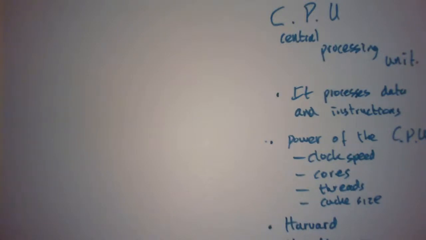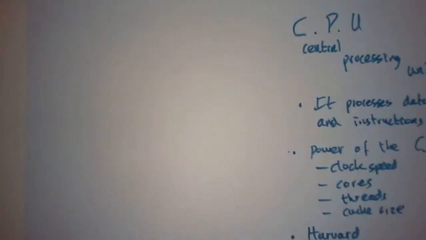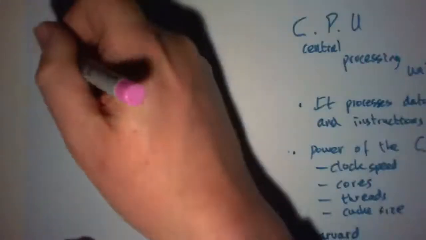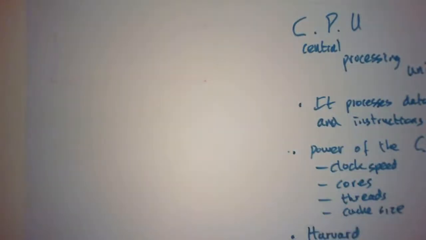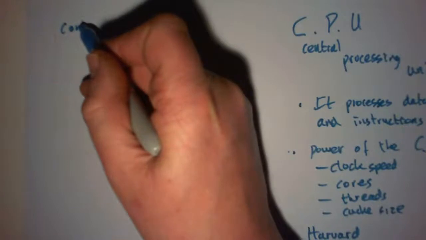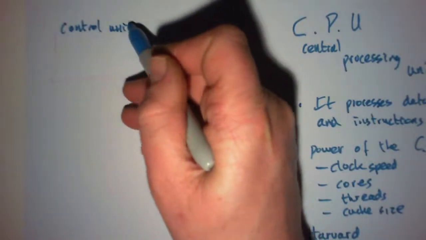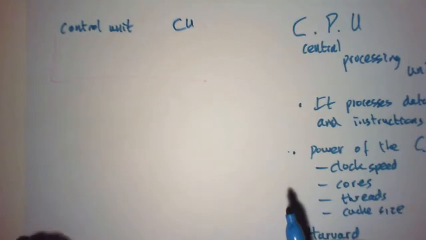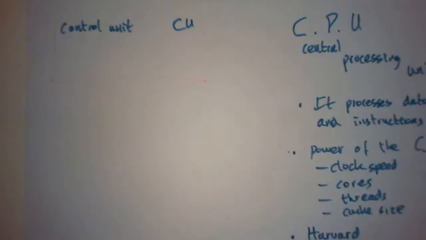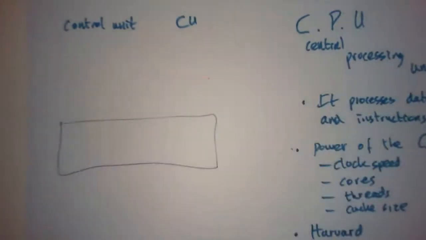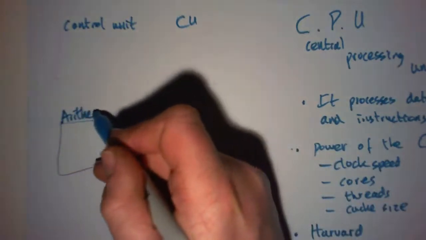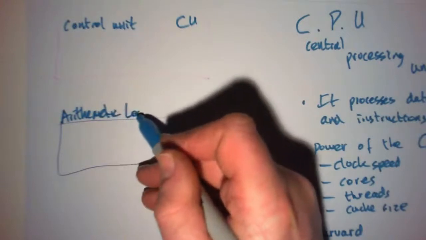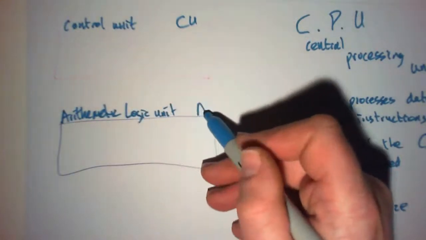So let's have a look at what the CPU actually contains. There are three basic areas within the CPU. We have the control unit, which I'm just going to call the CU from now on. Then we have the arithmetic logic unit, the ALU.